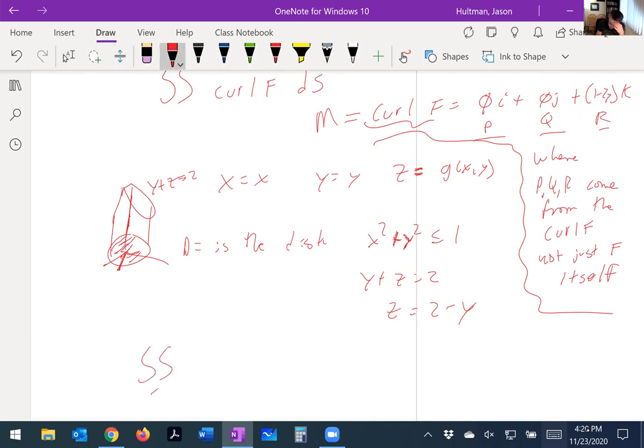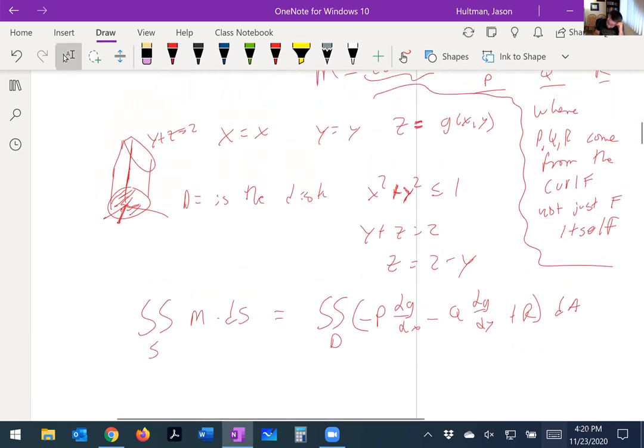It's telling me that the integral of M dot dS is equal to the double integral over D of negative P dg/dx minus Q dg/dy plus R dA.